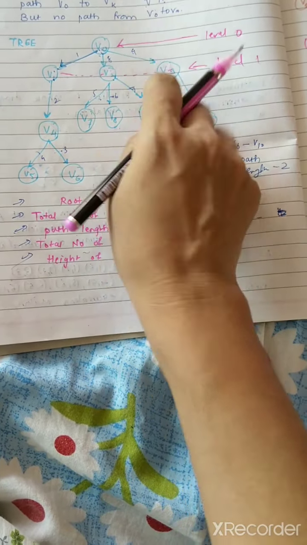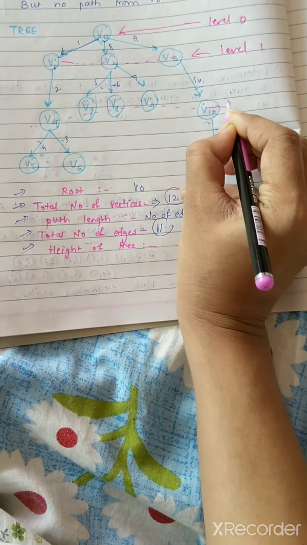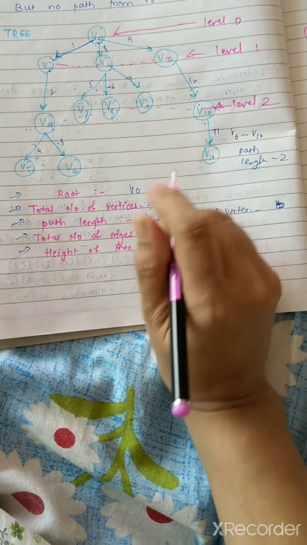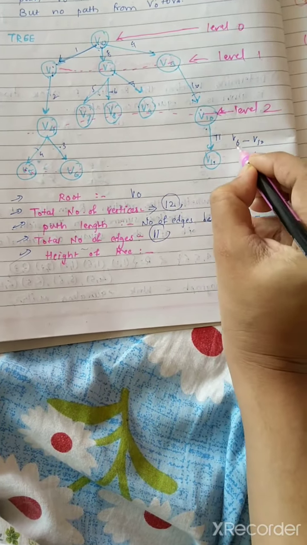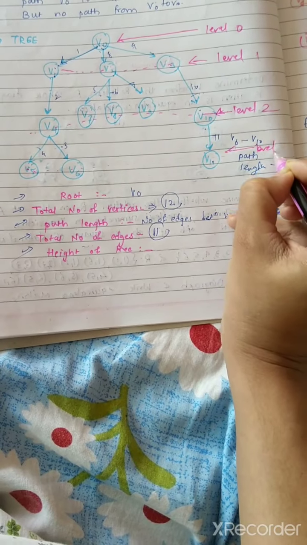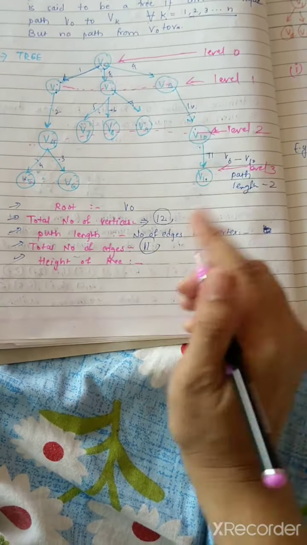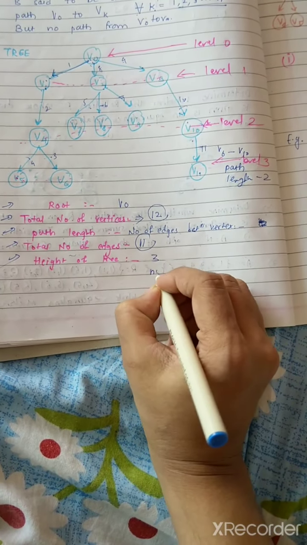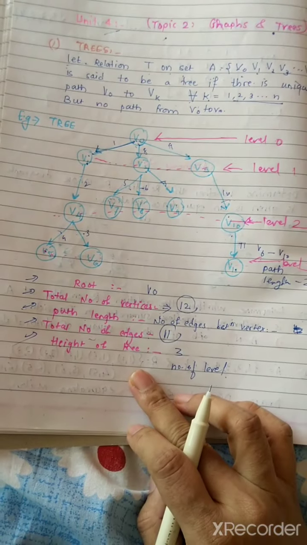Now after V1, V2, V3, the next level is level 2, and the last one is level 3. So level 3 is there, that means the height of the tree is 3. So the height of the tree is the number of levels.